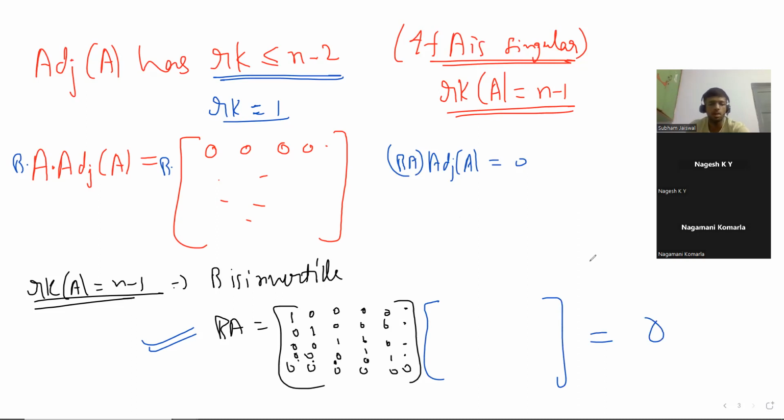And now what can we say? You want to say something about the rows. Let us try to show that the first n minus 2 rows or something.